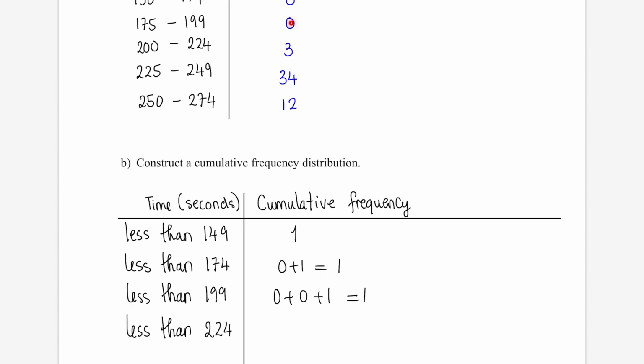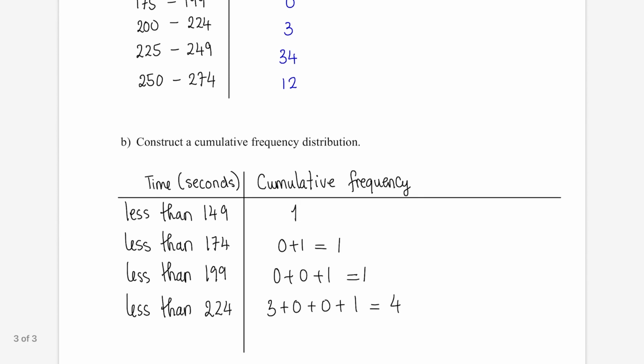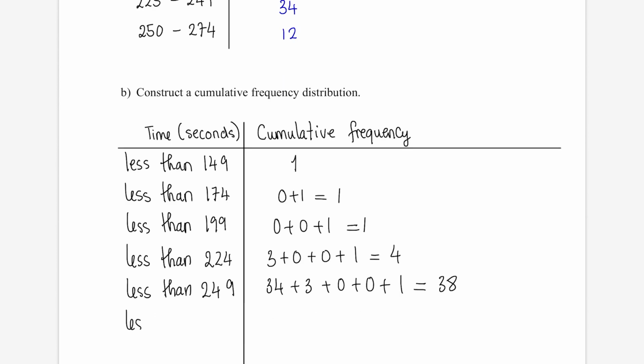So we take 3 plus 0 plus 0 plus 1. For this class, we're looking from 125 all the way to 249. And then less than 274.